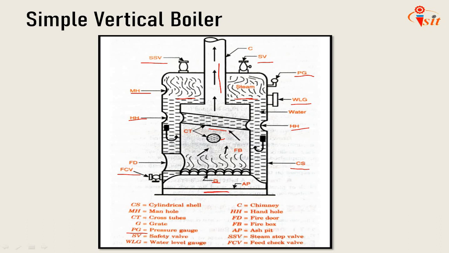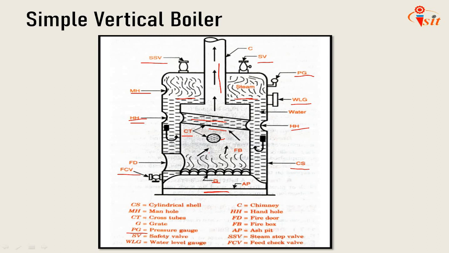The firebox is provided with two cross tubes. This increases the heating surface and the circulation of the water. The cross tubes are fitted inclined. This ensures efficient circulation of water. At the end of each cross tube, hand holes are provided to give access for cleaning these tubes.